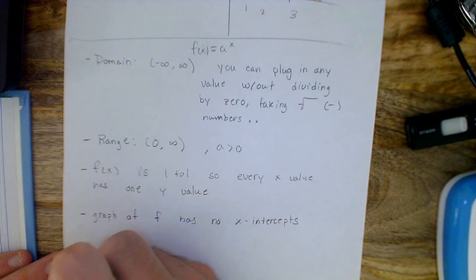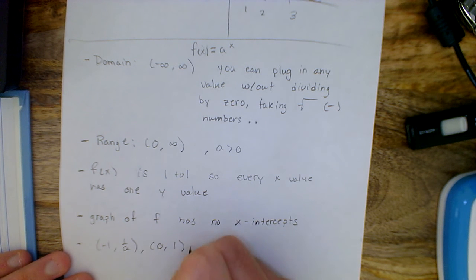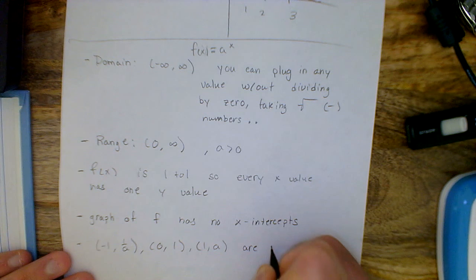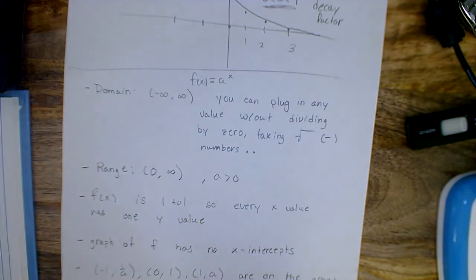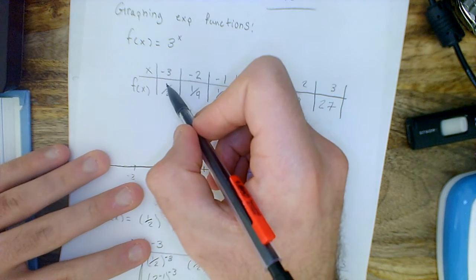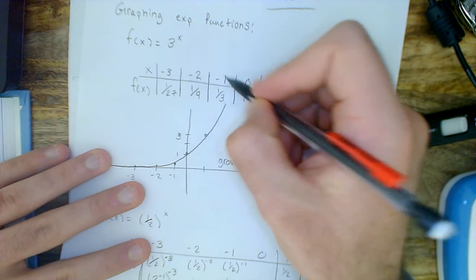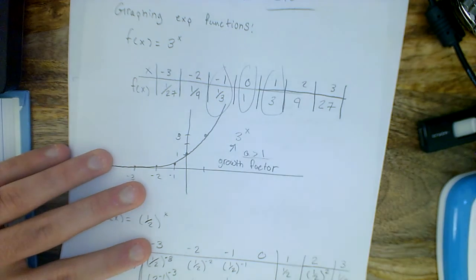And the points negative 1, comma 1 over a, 0, 1, and 1, comma a are on the graph. Like in our example here, a was 3, so negative 1 and 1 over a is this one, and 0, 1, and 1, a are on the graph.